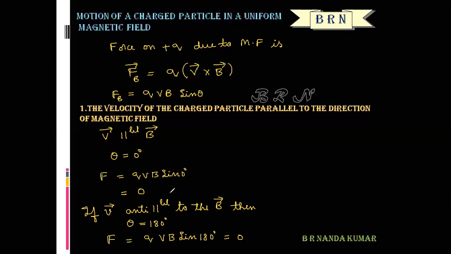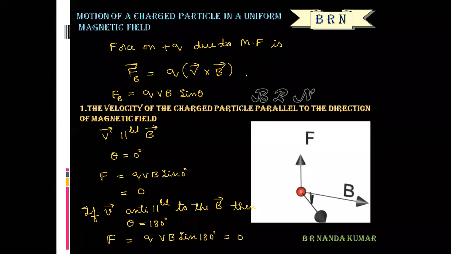So if a charged particle is moving parallel or anti-parallel to the direction of the magnetic field, it doesn't experience any force. If a charged particle is moving perpendicular to the direction of the magnetic field, it experiences maximum force, that is QVB sine 90, that is QVB. Look at this animation.